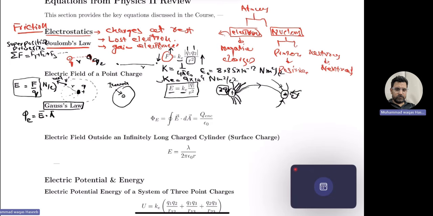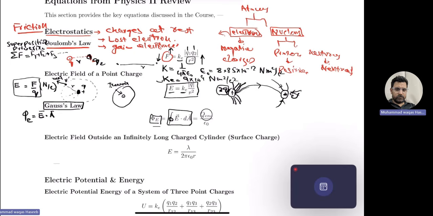Or you can write it in terms of an integral: the flux is the integral of E dot dA. The total electric flux through a closed surface is the charge enclosed in it divided by epsilon naught. So it relates the electric flux through a closed surface to the net charge enclosed within that surface.